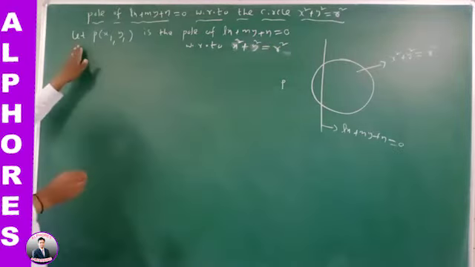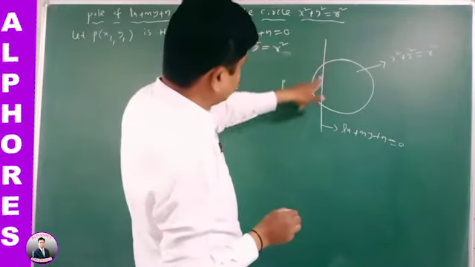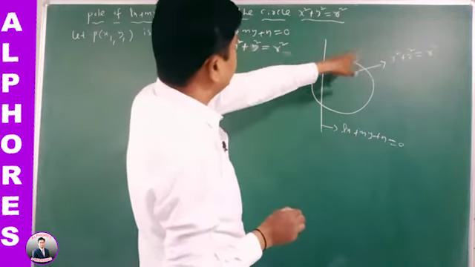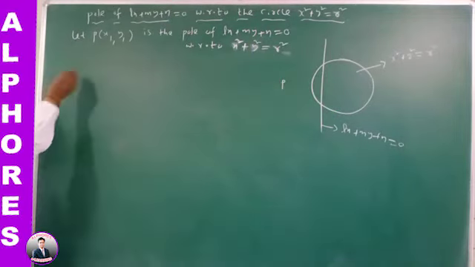Here P(x1, y1) is the pole of Lx plus My plus n equal to 0 with respect to a circle x square plus y square equal to r square.